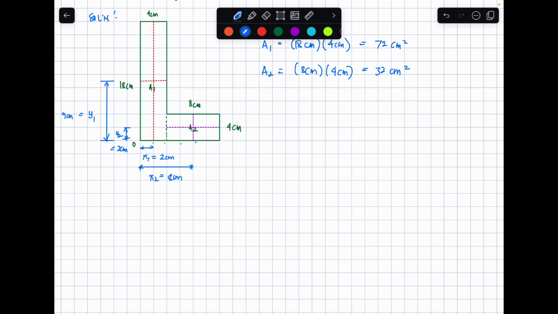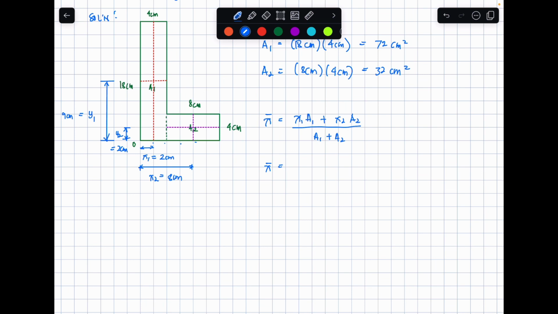Now, to get the x component, that is simply x sub 1 multiplied with area 1, plus x sub 2 multiplied with area 2, divided by area 1 plus area 2.